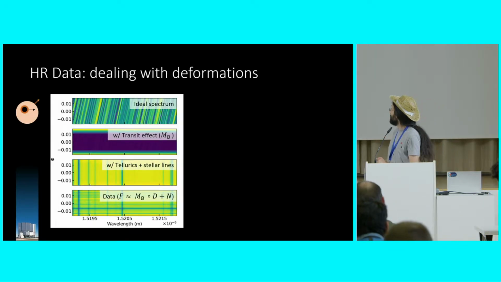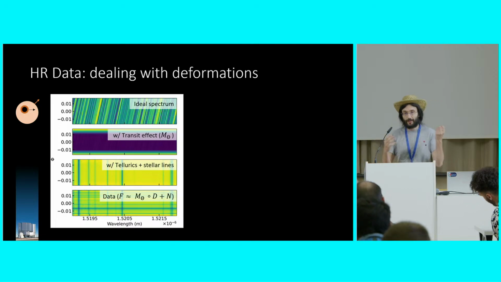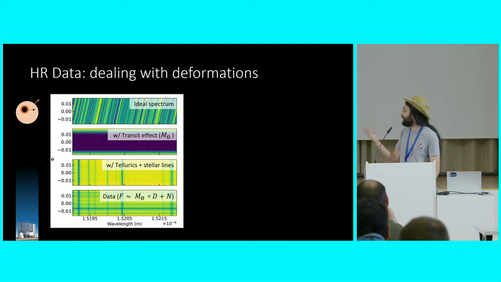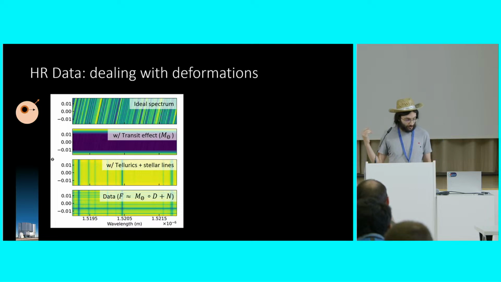In high resolution, this is a bit more difficult because we resolve the lines individually. We have to take into account several additional things, but more importantly, the telluric and stellar lines, and also deformations coming from the instrument.